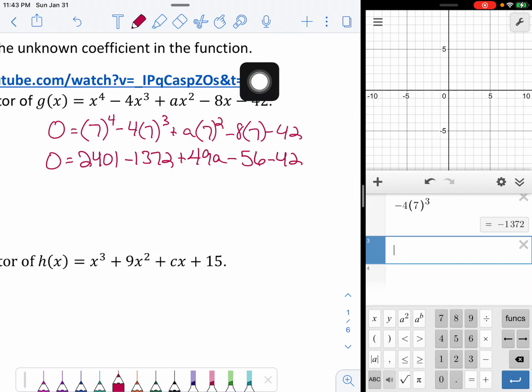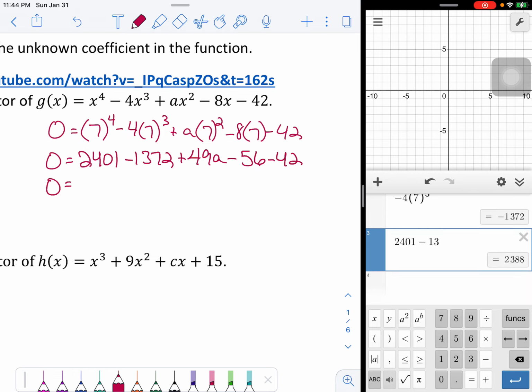So I'm going to grab all of these constants here, the 2401, negative 1372, minus 56, and minus 42. Combine those all together. So 2401 minus 1372, whoops, lost a 7 there, minus 56 minus 42. I'm getting 931 plus 49a.